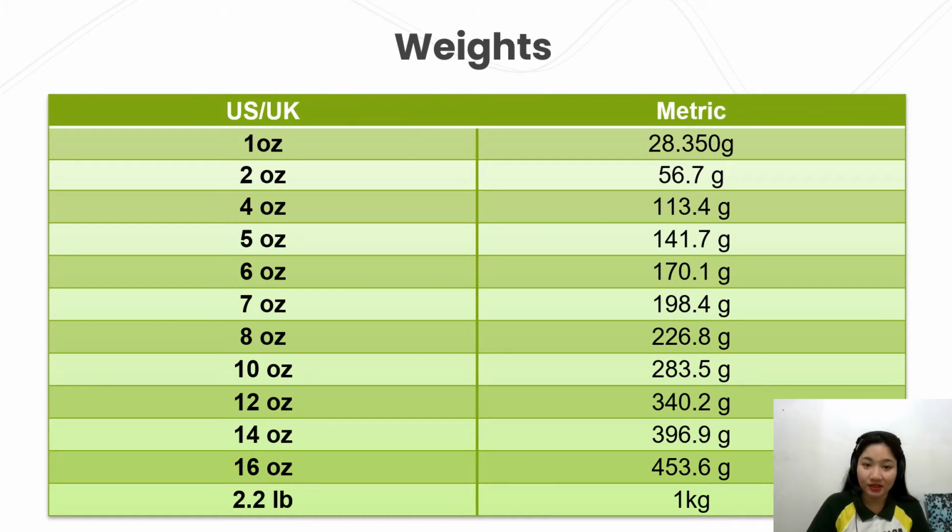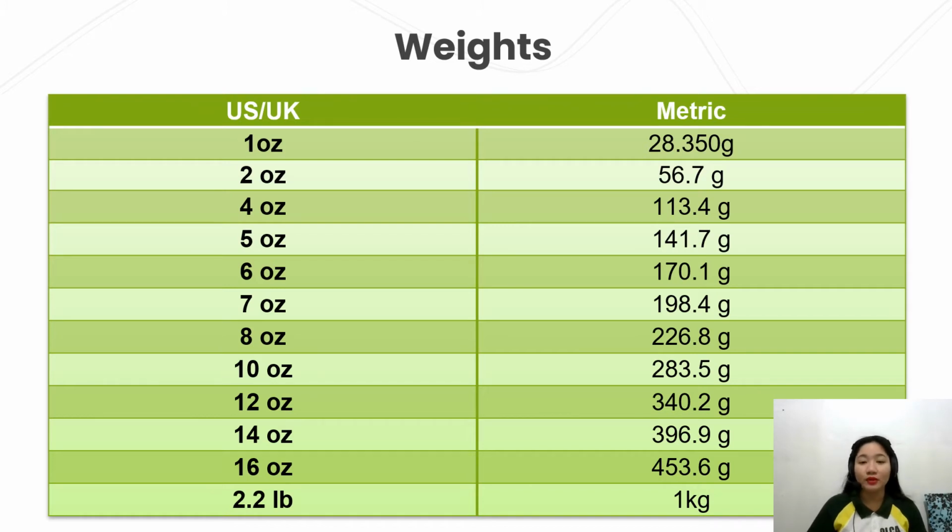8 ounces, which is equivalent also to 1/2 pounds. So we have 226.8 grams. We also have 10 ounces, which is equivalent to 283.5 grams. Of course, 12 ounces, which is equivalent to 3/4 pounds.